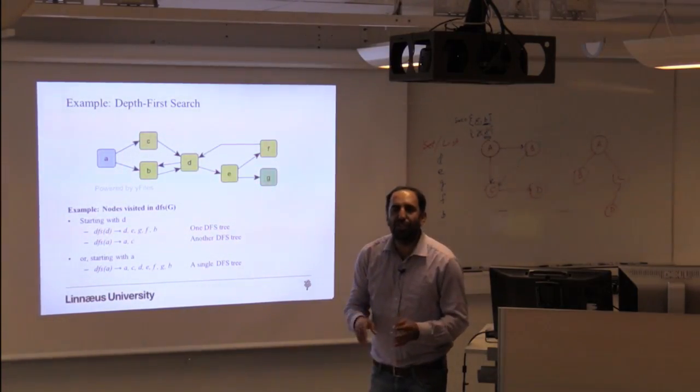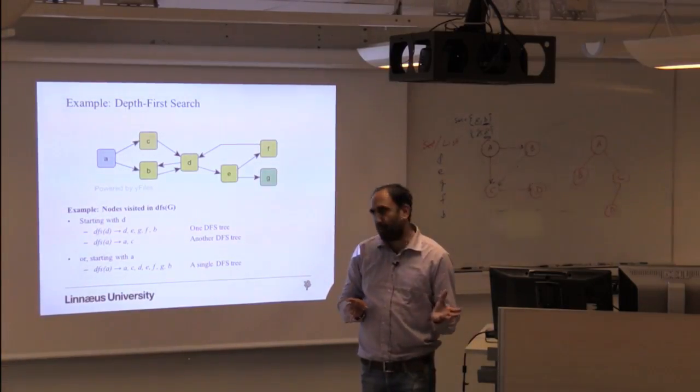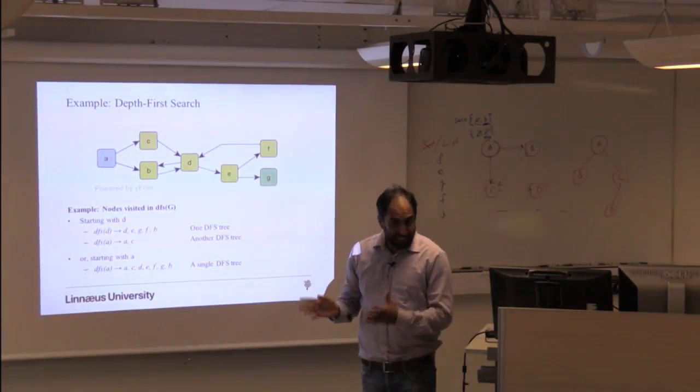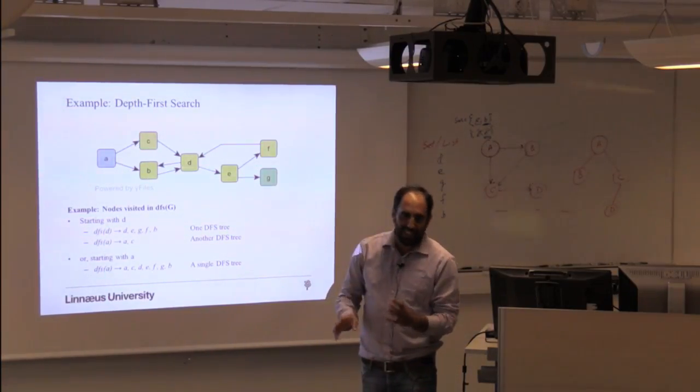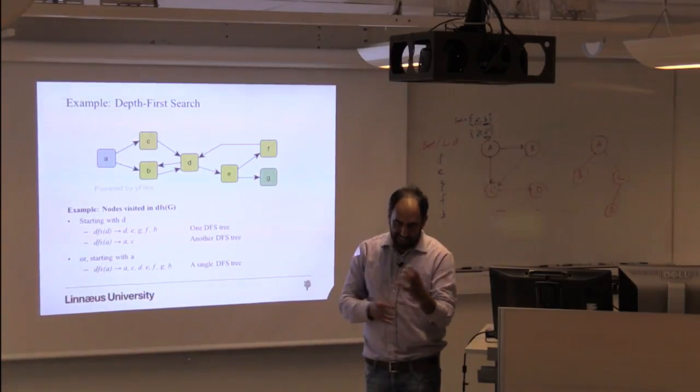If you want to find out which components are connected with each other, then we have a different algorithm coming soon, called the connected components algorithm. That will give you the partitioning or the connection between the graphs.